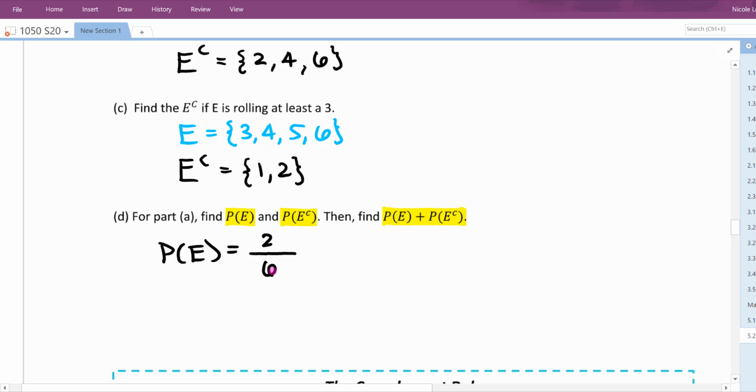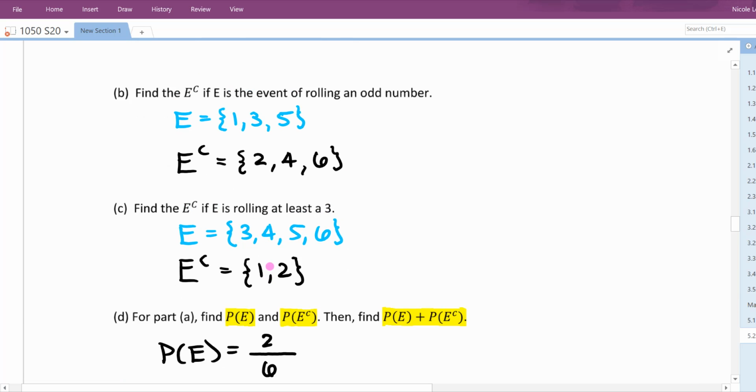For now, let me just leave it this way. Let's go ahead now and find the probability of the complement. I know for the probability of the complement that there will be a 6 in the denominator, since that's the total number of outcomes in our sample space, the 1 through 6. Now let's go back to part A and look at the complement.